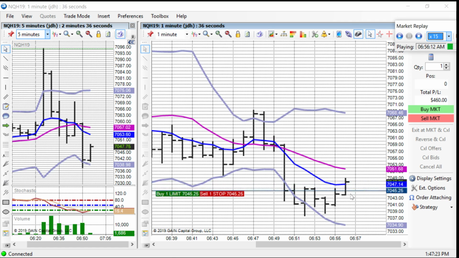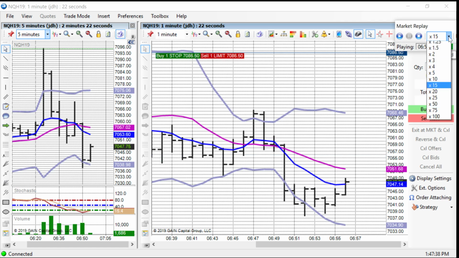For me to enter a short trade, I would need to see it come through that 80 MA line, and for this line to be sloped downward at the time I was entering the market. So we'll see what it does here. Continue at normal speed.